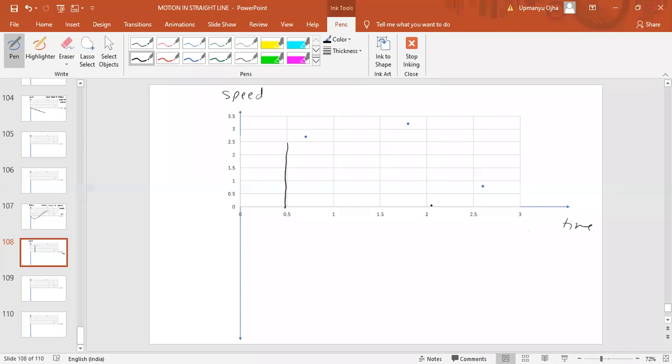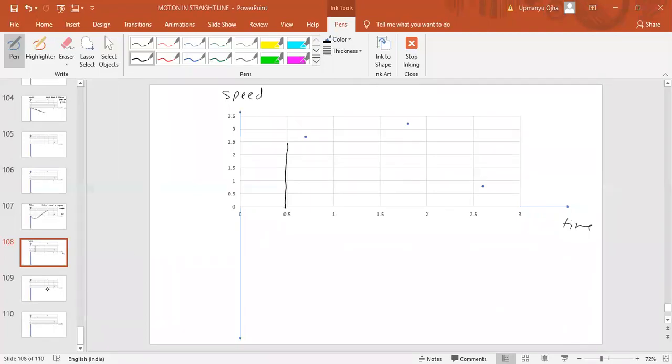Because at any instant of time you cannot have infinite speed. So this graph is also not possible. So I think you understand which graphs are possible and which are not. Yes or no? I hope you understood.